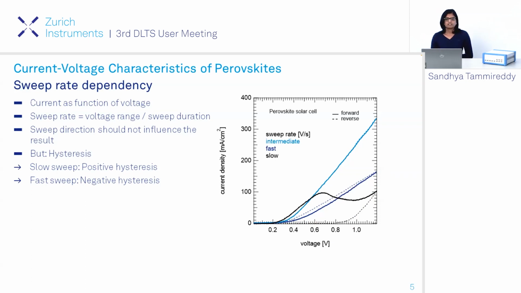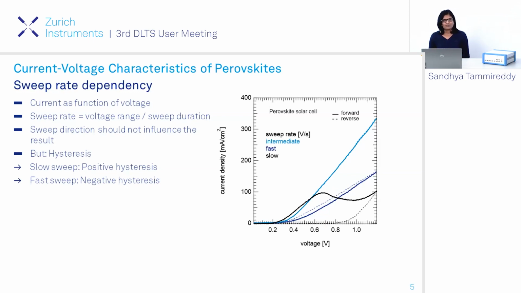In general, hysteresis is quantified by considering the area between the curves. If you do that, you observe positive values in the case of the slow sweeps, and negative values in the other case, which is entirely strange and not how it's supposed to be.